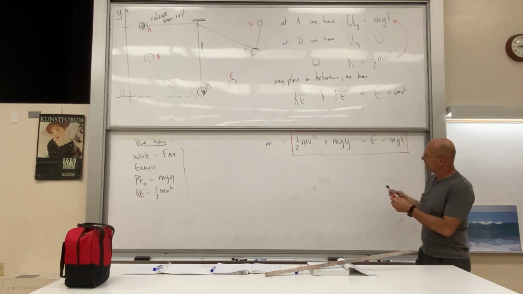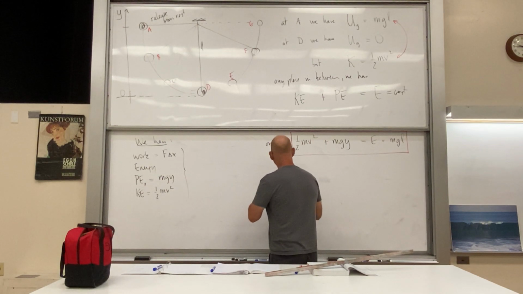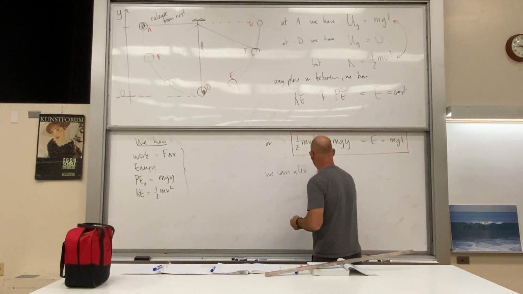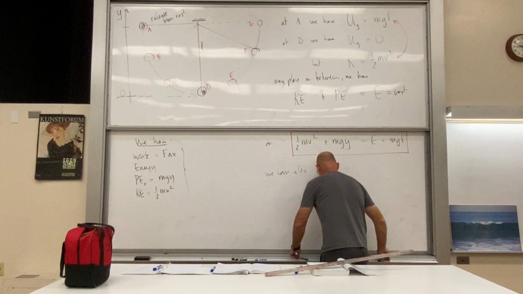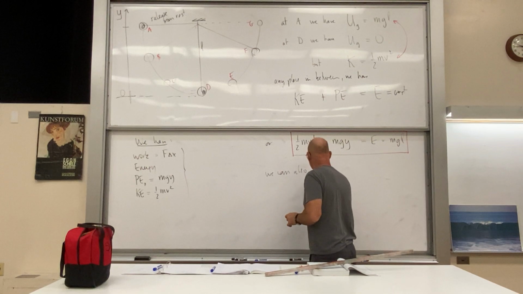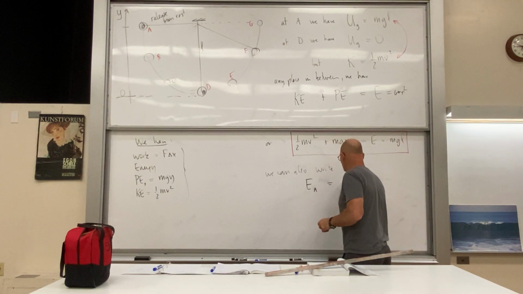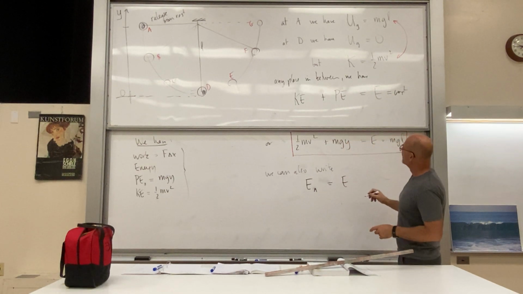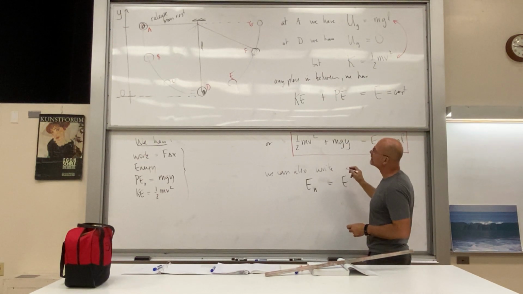Another way to write it is, so we can also write, let's see here, for any of these two places up there, I'll just write energy at A is equal to energy at any one of these others, B, C, D, etc. Which should I choose?